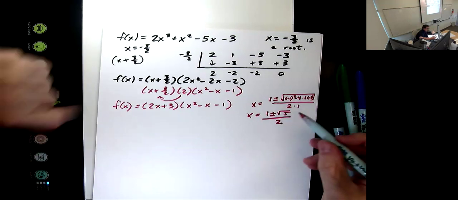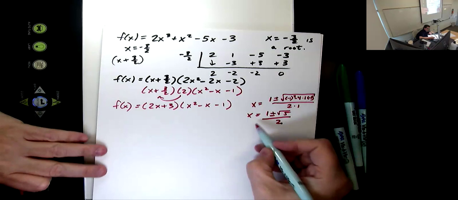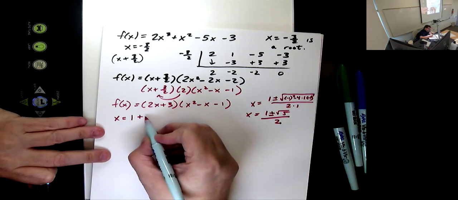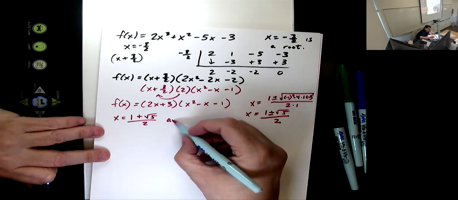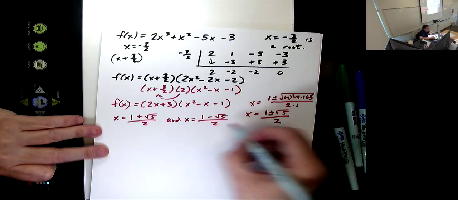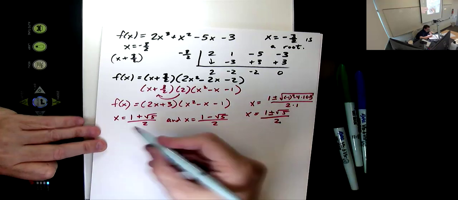Now, if I want to write it in factored form, and I'm going to. This is x equals 1 plus square root of 5 over 2. And x equals 1 minus square root of 5 over 2. So rather than dealing with fractions, I'm just going to multiply through.